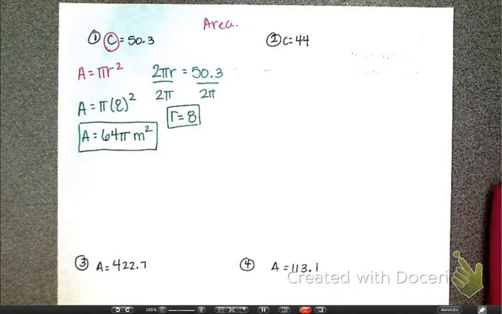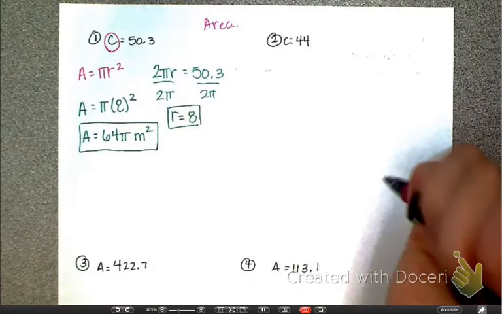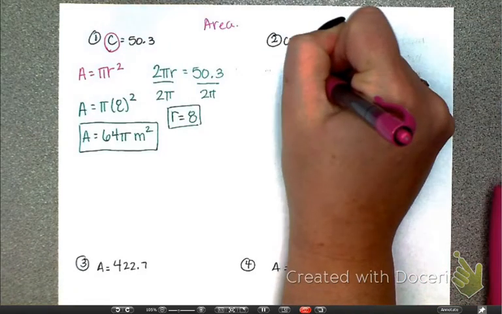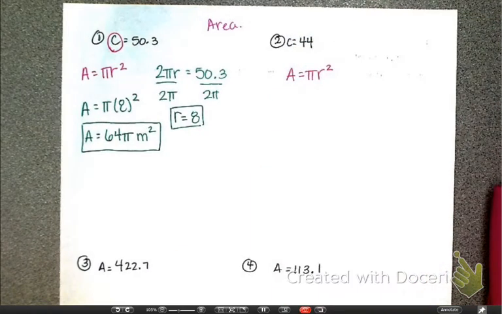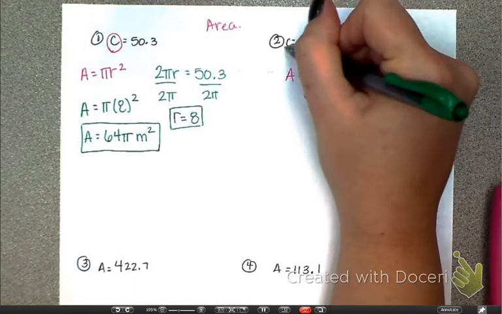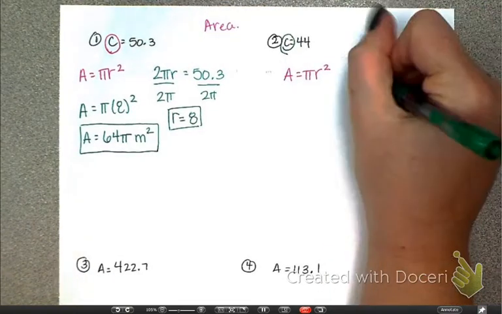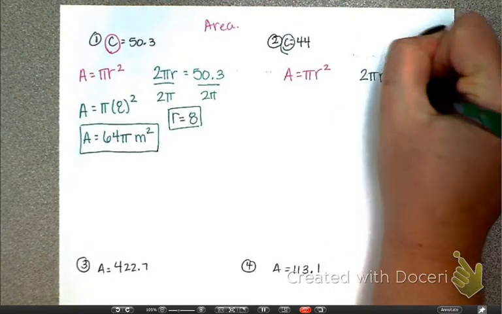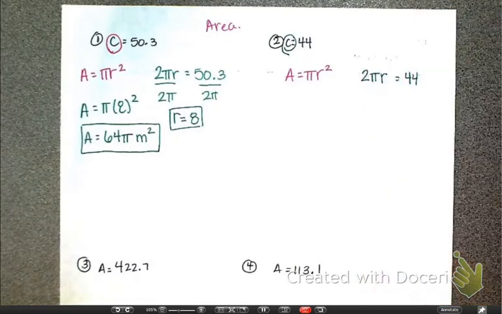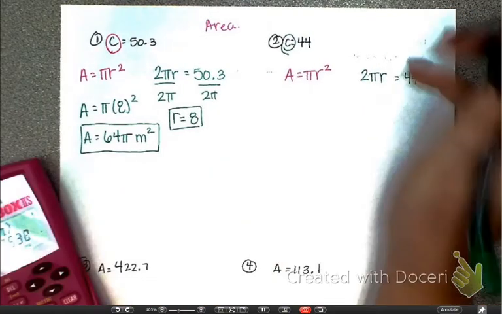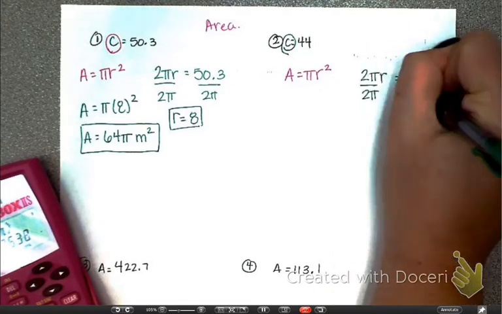Okay, number 2 is the exact same thing. Again, you're looking for area, but we don't know the radius, so I can't find the area. I do know the circumference, so I'm going to replace C with 2 pi r. Here I'm going to divide by 2 pi.